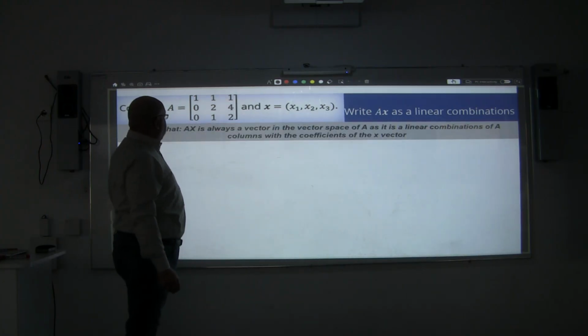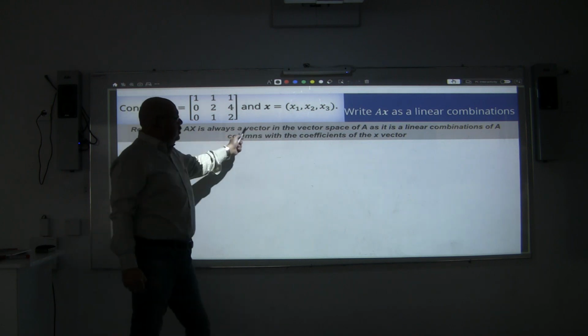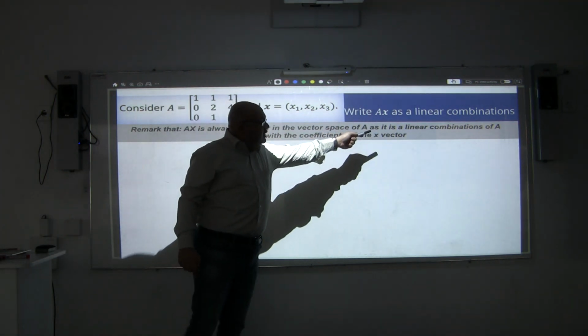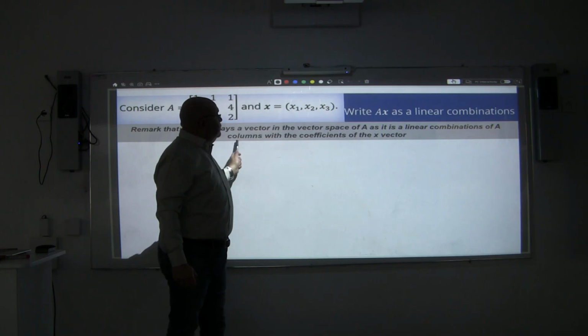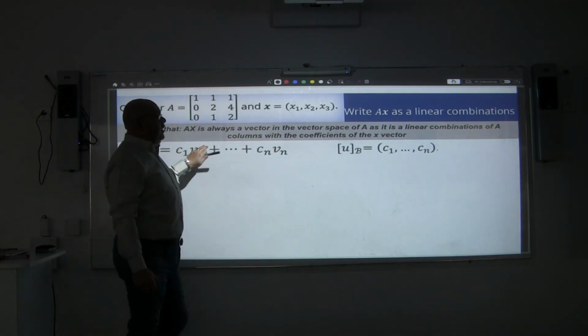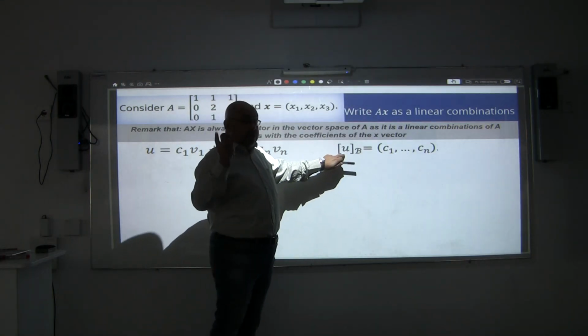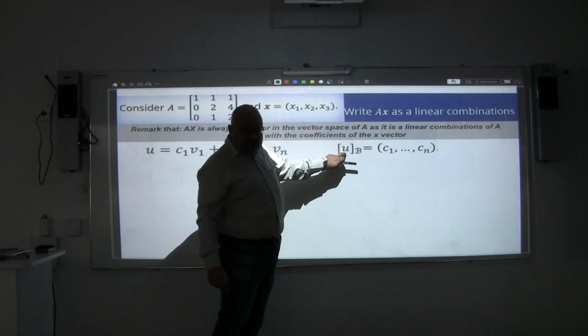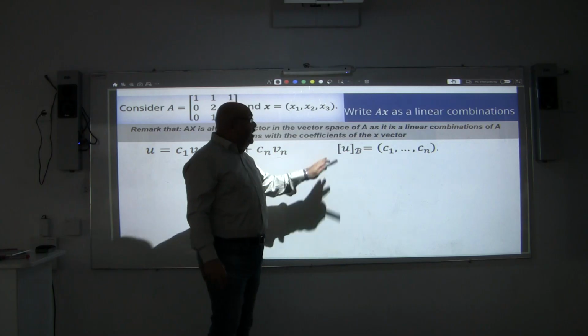So once more, remark that AX is always a vector in the column space of A, and it is a linear combination of A's columns with the coefficients of the X vector. This is the linear combination, and don't you forget, these are the coefficients of a linear combination.